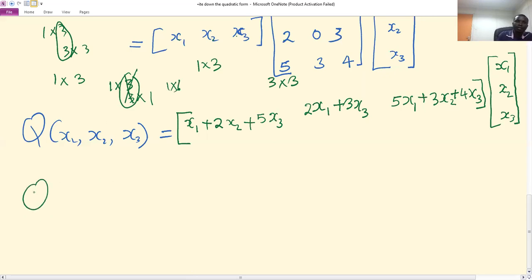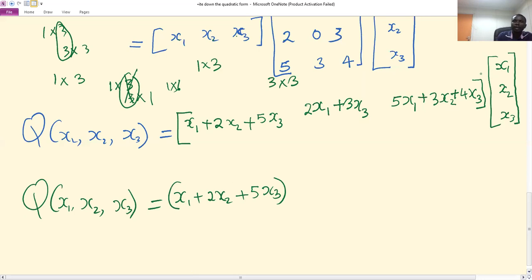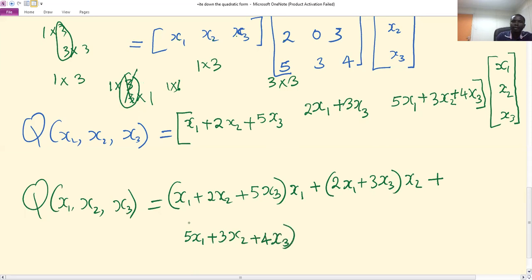So it'll be x1 plus 2x2 plus 5x3, which we multiply by x1, plus 2x1 plus 3x3, which we multiply by x2, and then plus 5x1 plus 3x2 plus 4x3, which we multiply by x3. Since it's a 1 by 1 matrix, we now don't have the matrix notation.